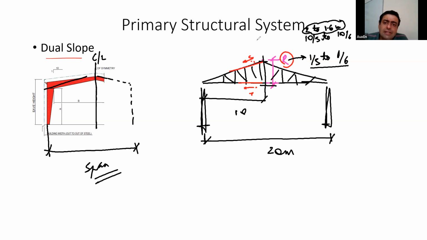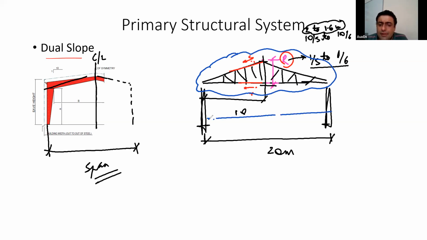Why did we require this riser? Remember, because our system was a truss system. This was sort of a simply supported system. So what was happening was that you were getting a bending moment diagram like this. In this bending moment diagram, the maximum bending moment was at the center.